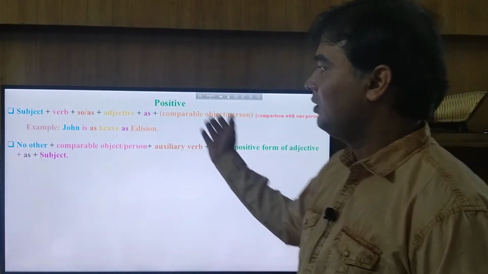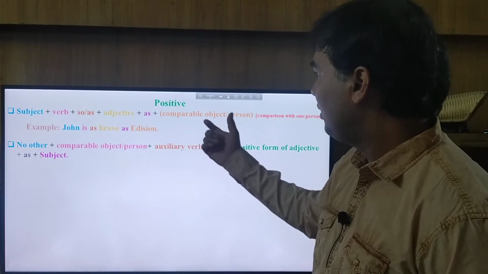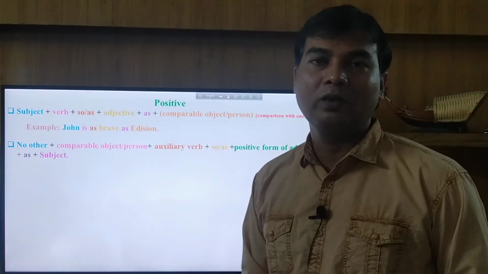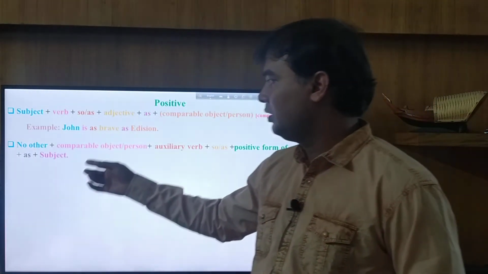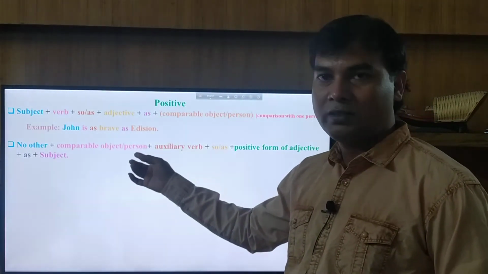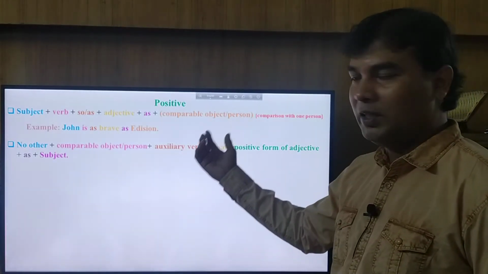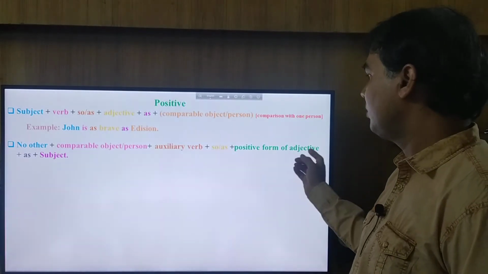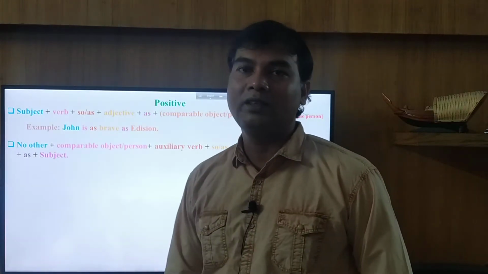Now there is another fundamental rule: if the comparison is with more than one person or object, then the structure would be "no other", then comparable object or person, then auxiliary verb or sometimes main verb, then "so" or "as", then positive form of adjective, then "as", then subject.